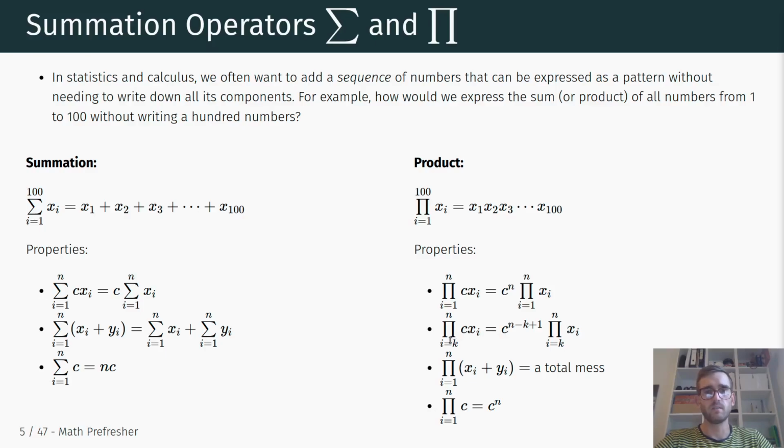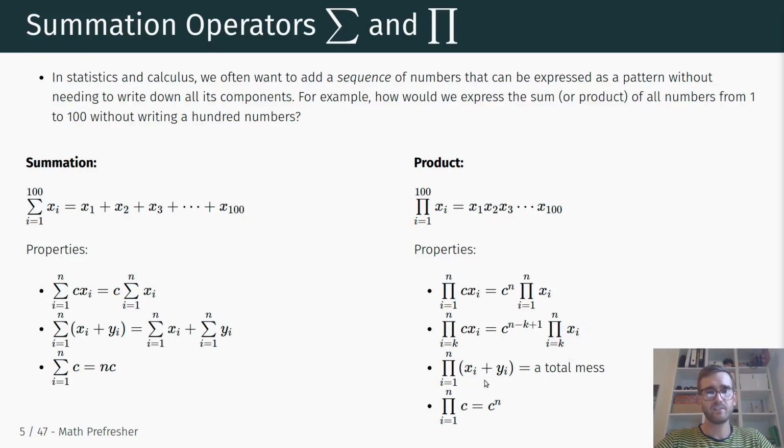So depending on how many times we multiply c by itself, the exponent changes, where now if we pull out the c, it is c to the power of n minus k plus 1. And then the remaining product.